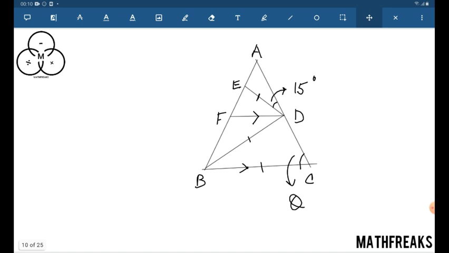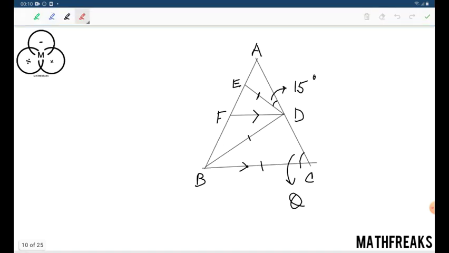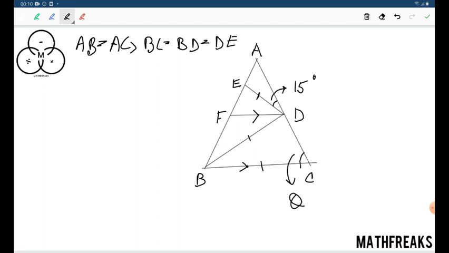The first question. In the given question, there are some data which haven't been written. The data is AB equals to AC, BC equals to BD equals to DE, FD parallel to BC.